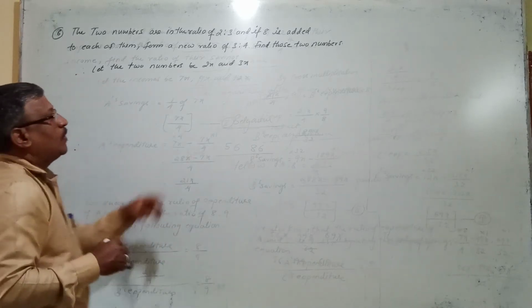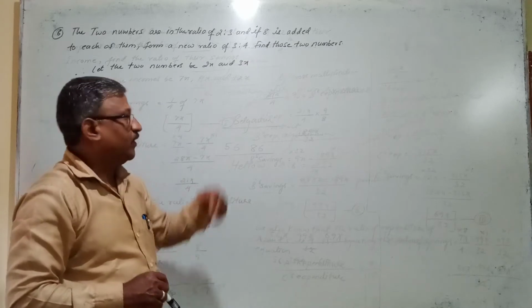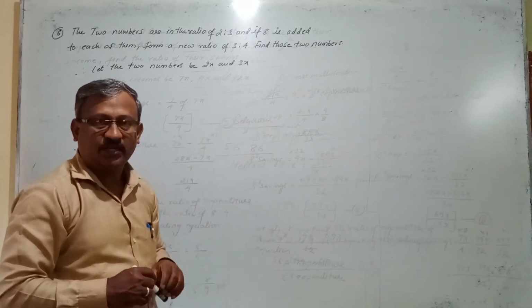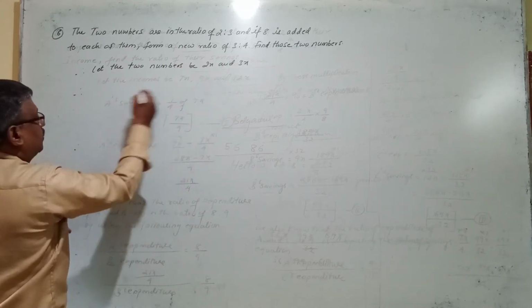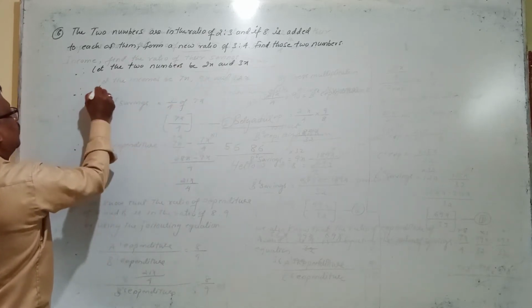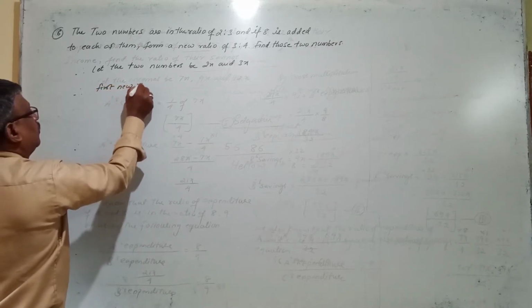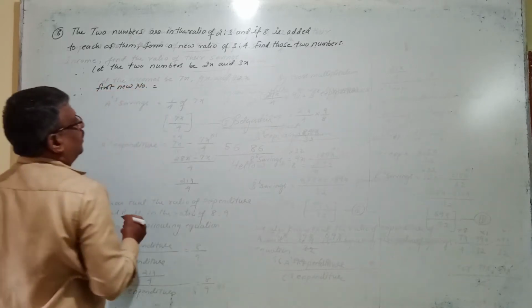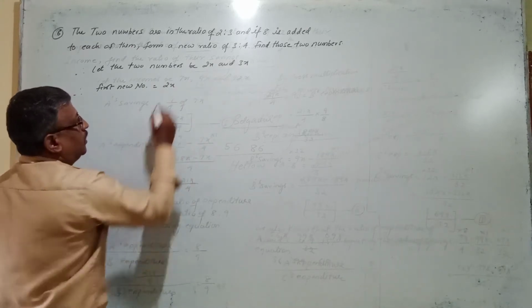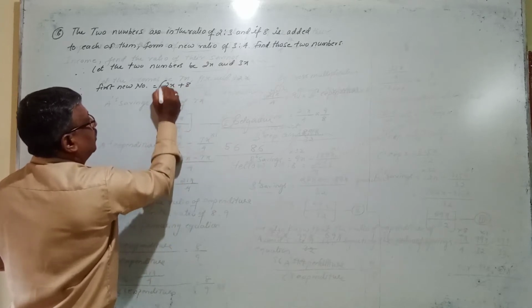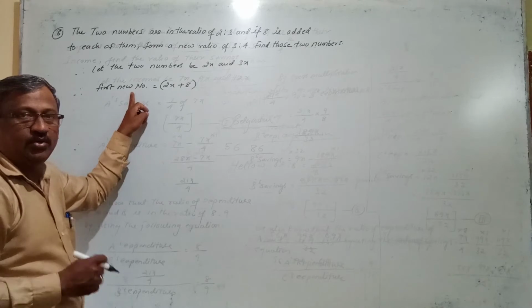Now I am going to add 8 to these two numbers. When you add 8, definitely the numbers will change, right? So let's calculate the two new numbers. The first original number was 2x, and we add 8, so 2x plus 8 is my first new number.